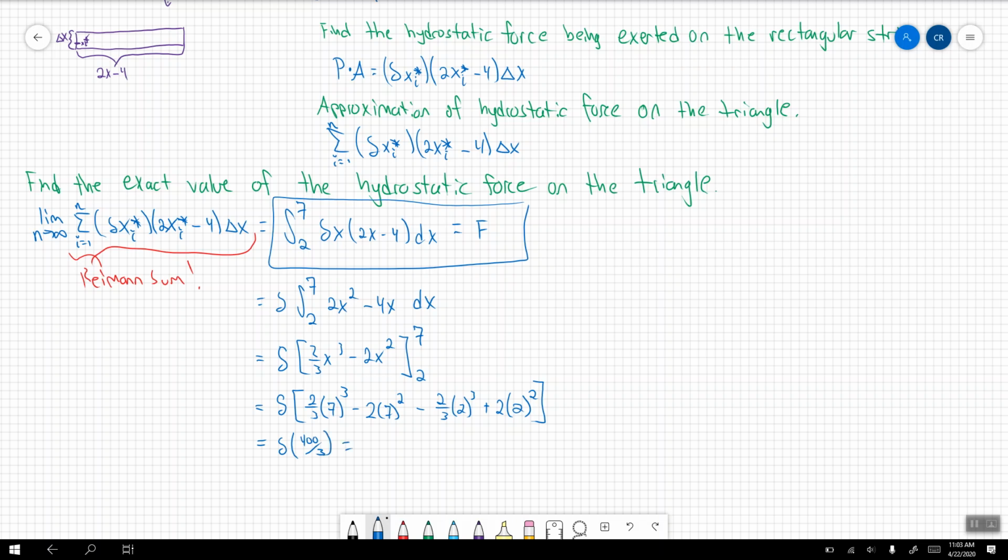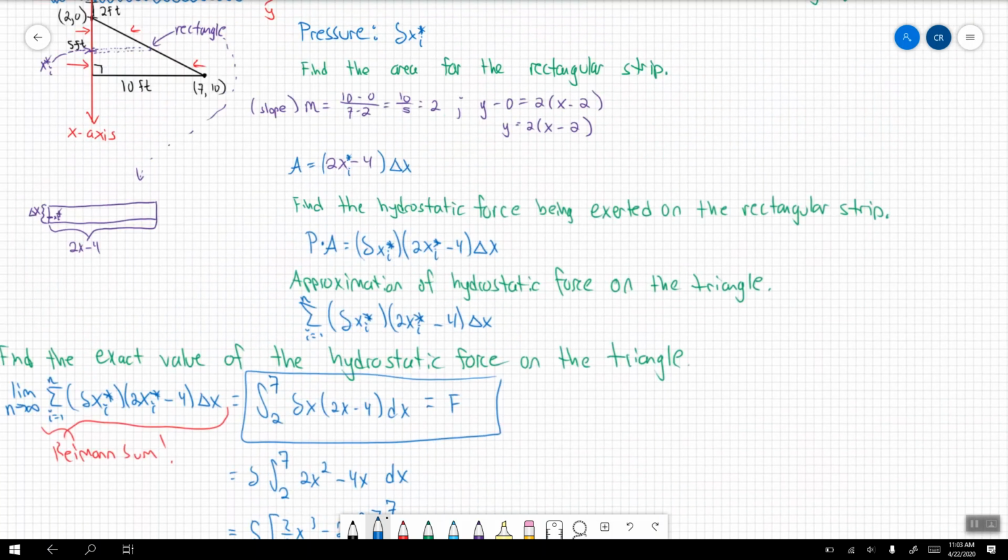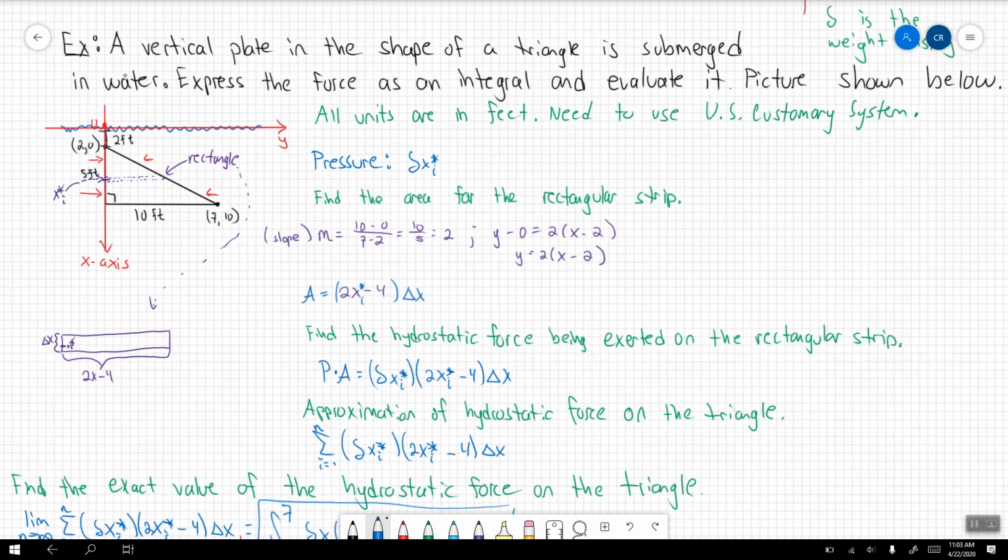And now I can go ahead and substitute what delta is. Delta was that water that was being submerged. And again, let's say that the problem didn't give me that it was being submerged in water. All right, so the fact that it's being submerged in water is right here. Say that it said that it was being submerged in mercury or milk or olive oil or seawater or fresh water.